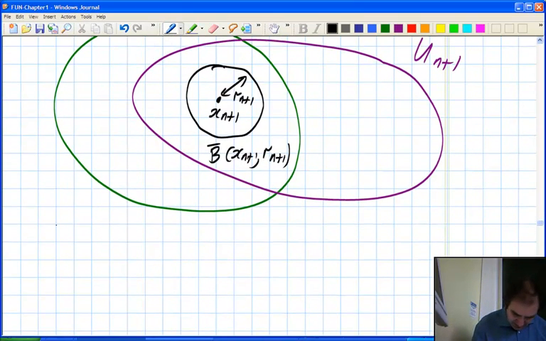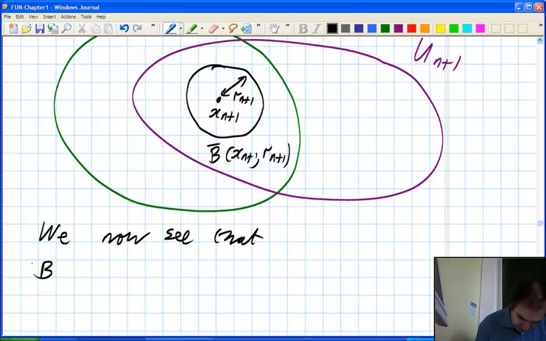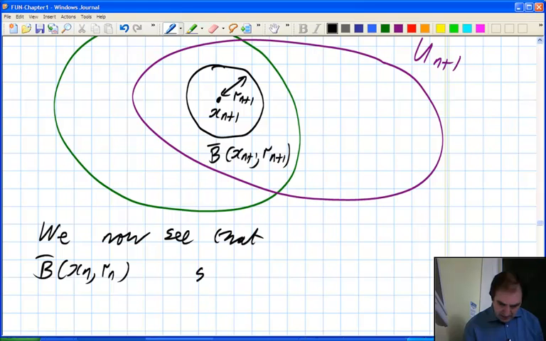So we get two things. We now see that the closed balls centred on xn, rn satisfy the conditions of the lemma.